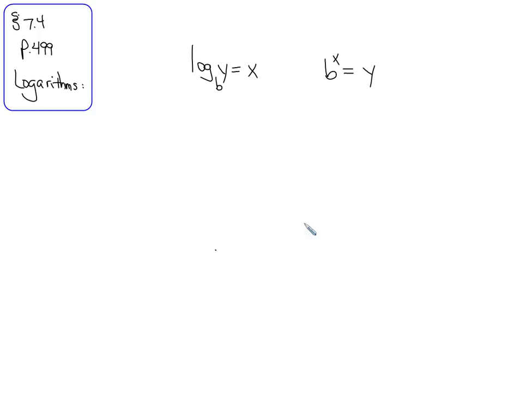It turns out, guys, that these things say the same thing. Log base b of y equals x says the same thing as b to the x power equals y. This is two different ways of writing what is essentially the same information. This is logarithmic form. This is exponential form.